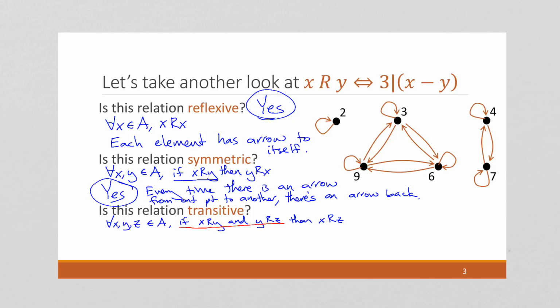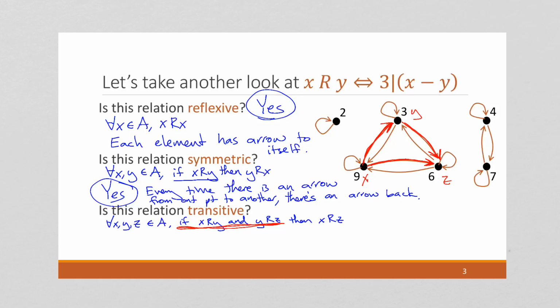We're only concerned if these two criteria are met. So are those two criteria met? Yes. If we call these x, y, and z, then if we have an arrow from x to y and an arrow from y to z, then we also have an arrow from x to z.